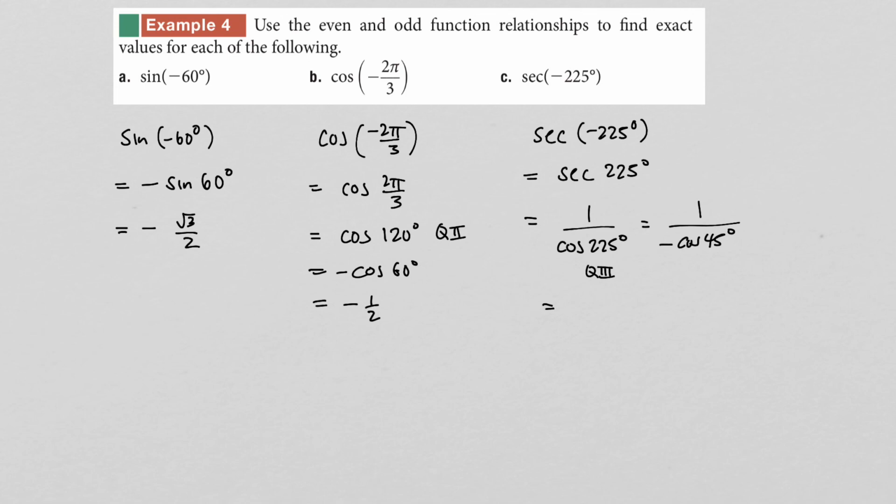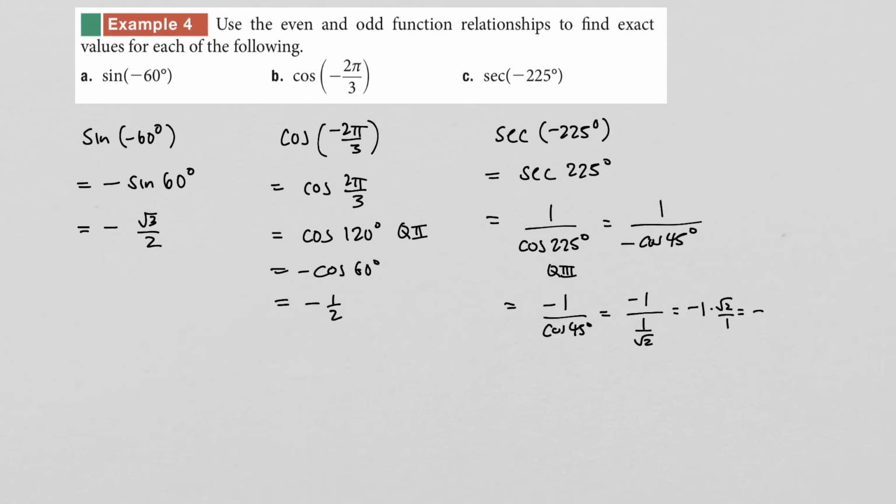So what I have is negative 1 over the cosine of 45 degrees. Now, the cosine of 45 degrees, that's one of those values that we should have memorized. So we have negative 1 over radical 2, and that ends up being negative radical 2. Okay, so again, if you have the unit circle, it's relatively simple to find these values. If not, you have to kind of do it the old-fashioned way.